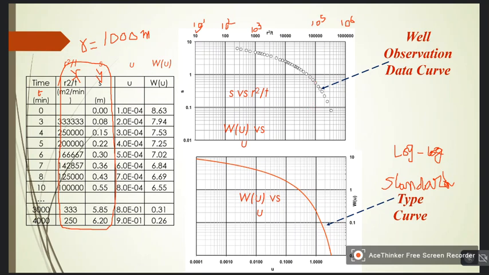This is 0.1, 0.2, 0.3, 0.4, 0.5, and 0.6. This is 0.5, so this is 0.55. That is how we have plotted.